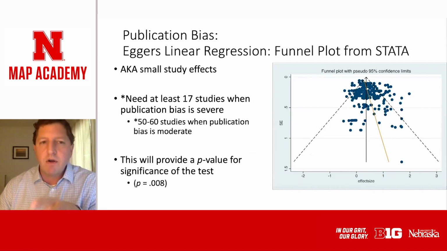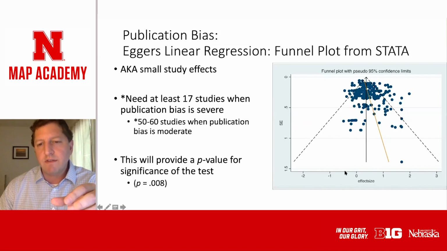Things to think about are publication bias. There are some different analyses you can do with publication bias to see whether or not the published studies that you have show small study effects, if maybe they're only there if you only have small studies, if the effect is large, but not if the effect is small or null.